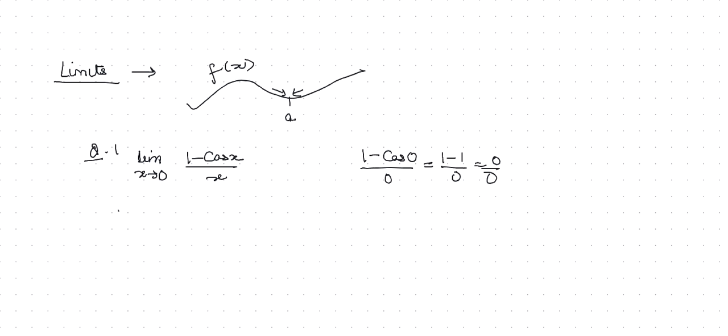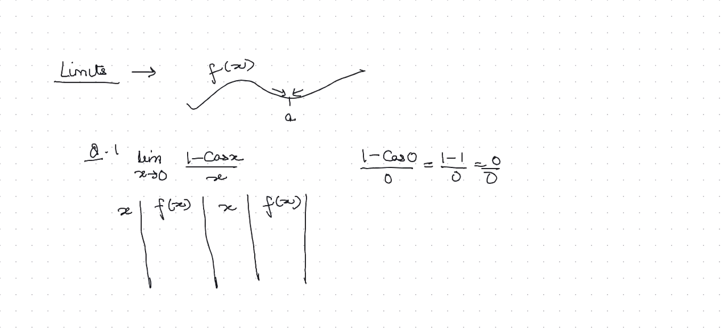Now let's find out the value of the function for values of x near 0. So if we put 0.1, 0.01 and 0.001, and this is negative 0.1.